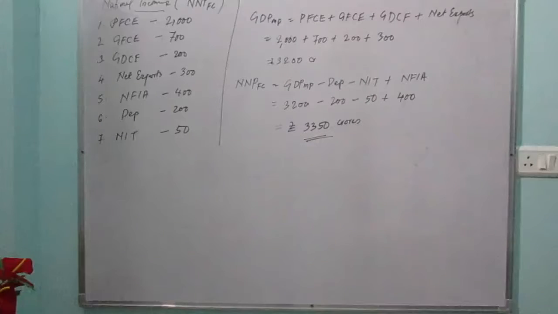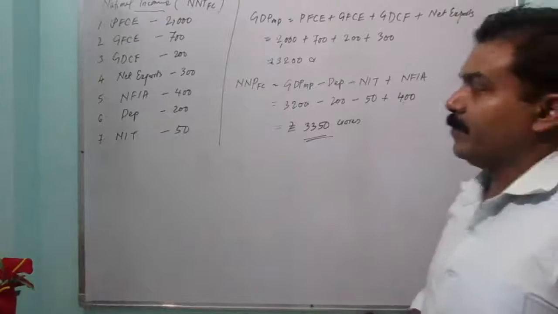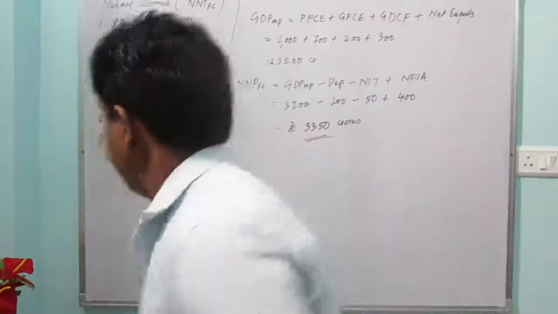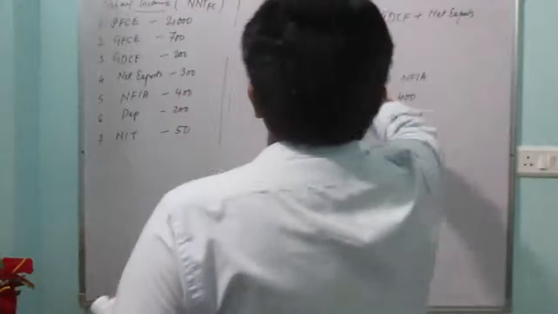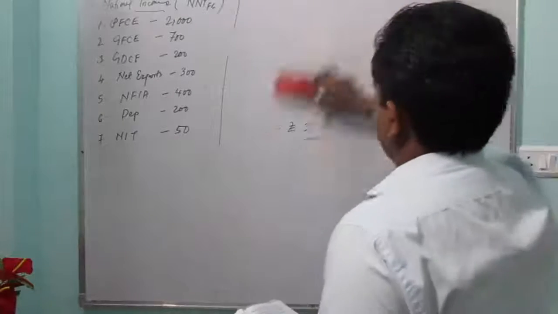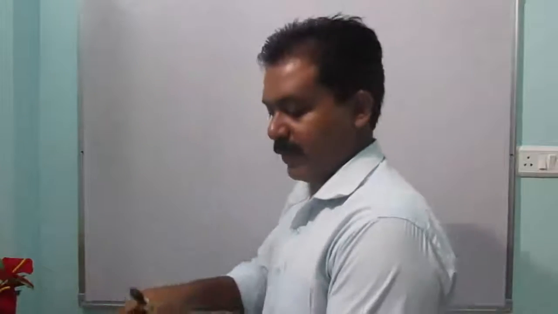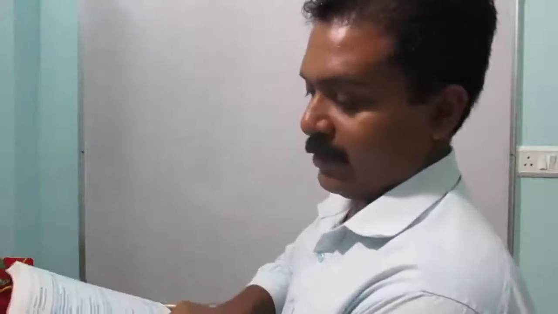Understood? Have you got this? One more number. Some more will do, and we will conclude. We'll do one more and conclude. That is the last one given here from that particular.